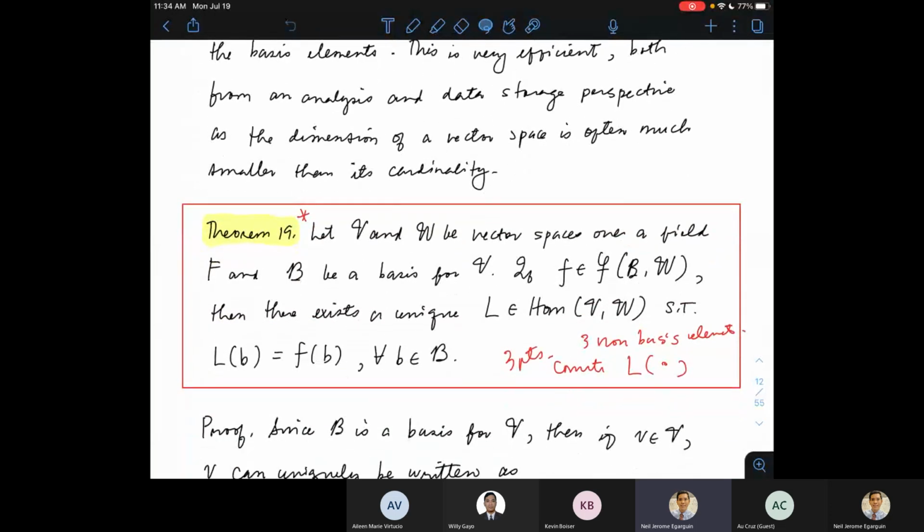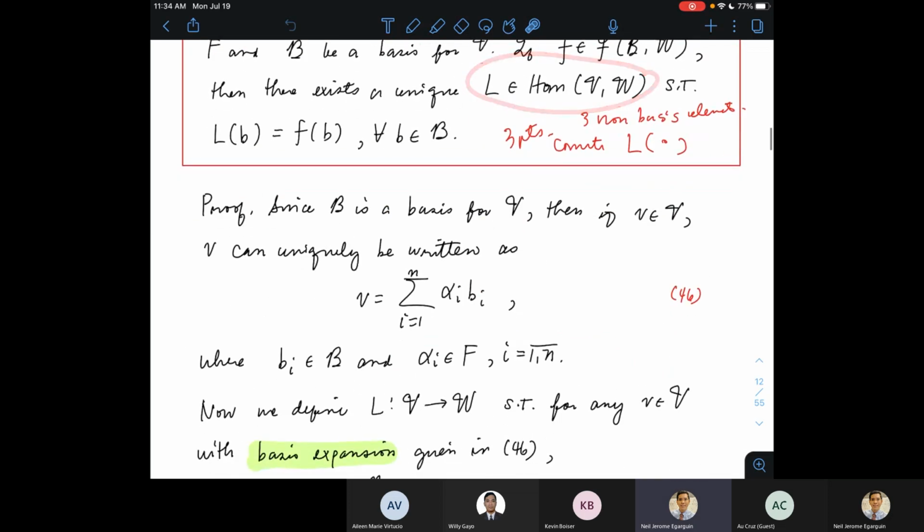For 3 points, you can illustrate theorem 19, which will require you to choose a specific vector space V with the basis B, and also a vector space W. Then define a function f on the chosen basis B for V onto W, and use that function to define the linear map L in the way it was defined in the proof of the theorem.